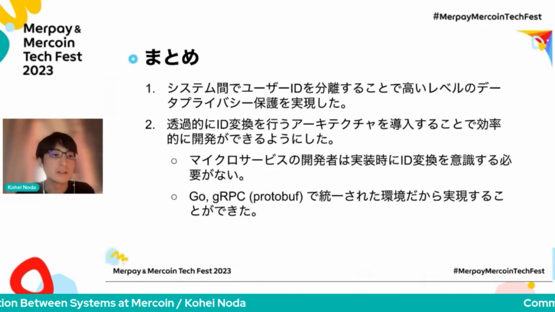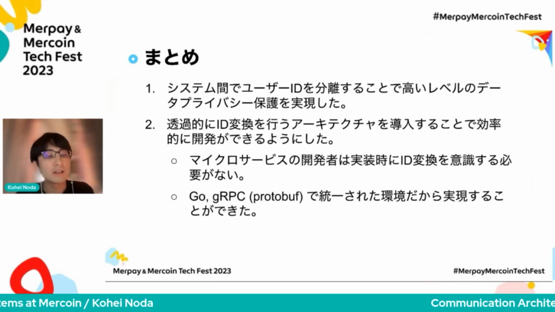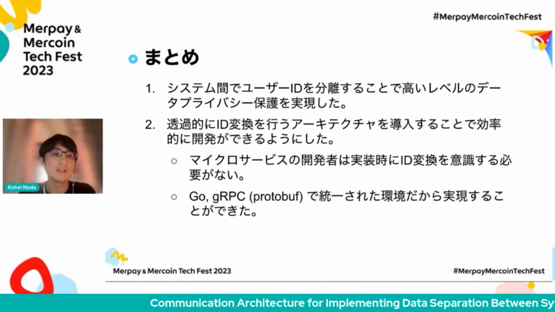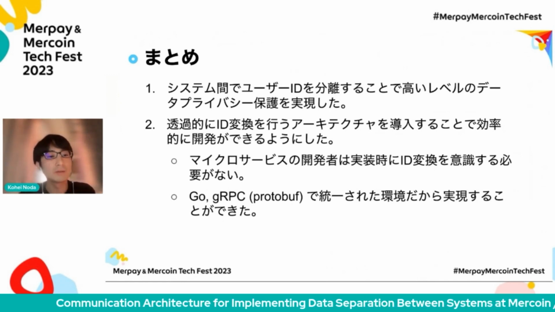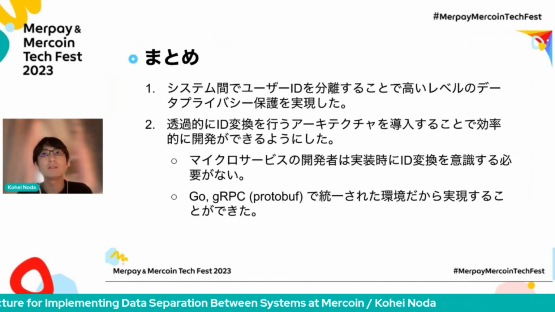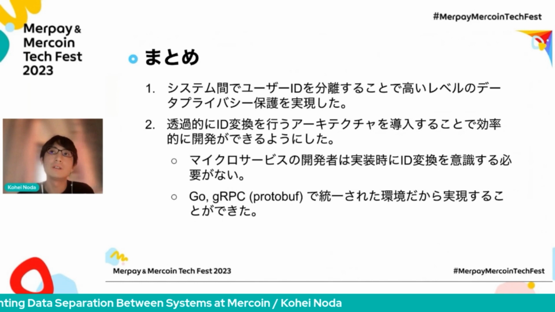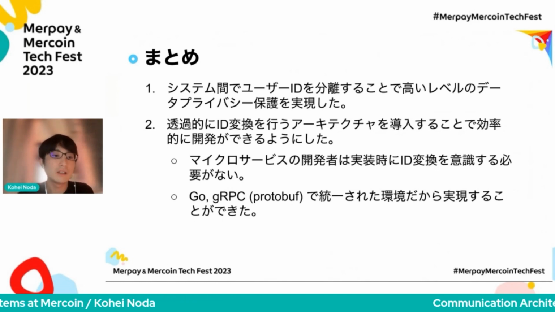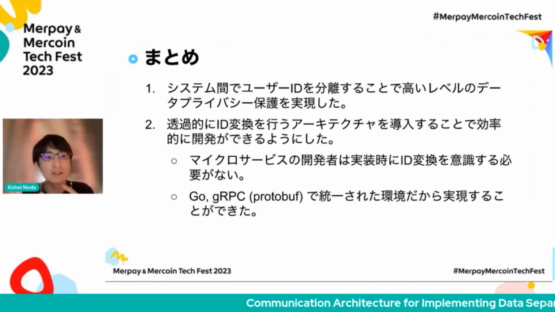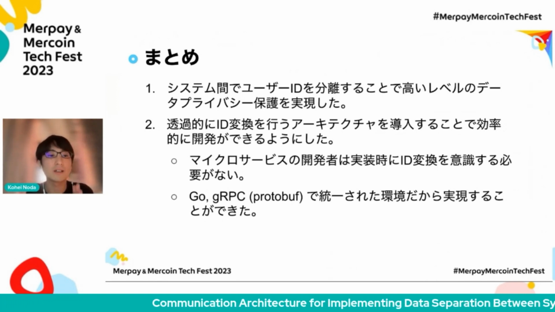I'd like to conclude with a summary. Mercoin was able to achieve a high level of data privacy protection by separating the user IDs between systems, making it impossible to tie data together. On the other hand, the complex task of ID conversion, which is necessary, has been efficiently handled by introducing an architecture that transparently performs ID conversion on the communication path.